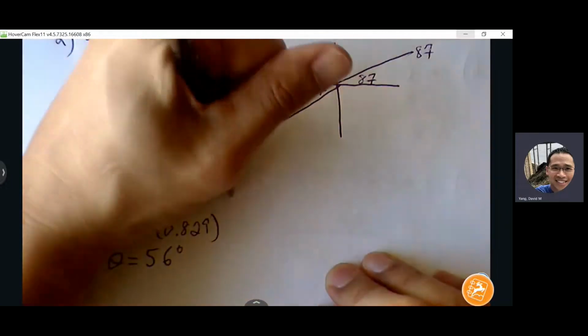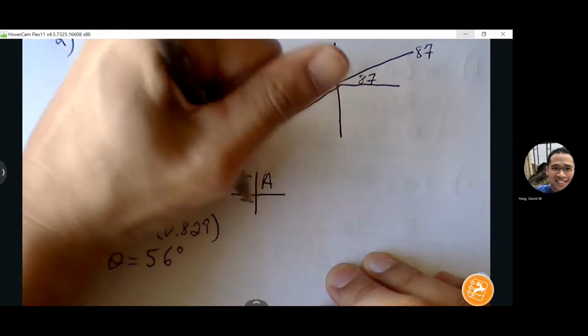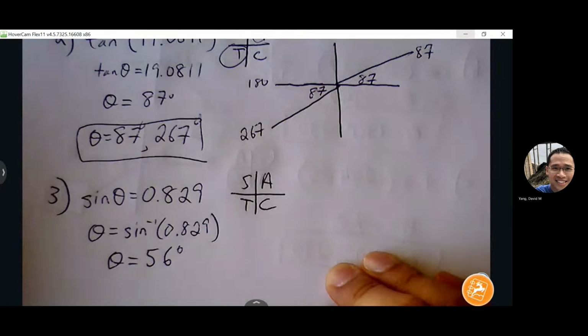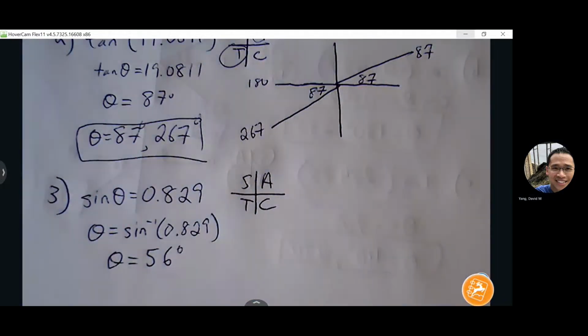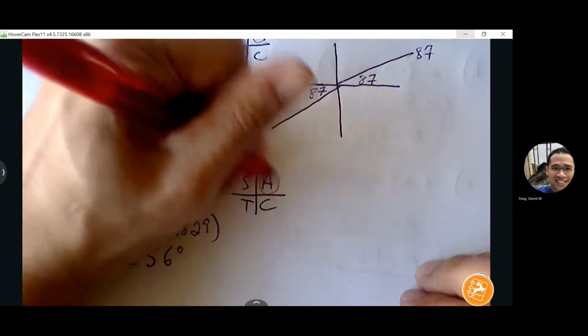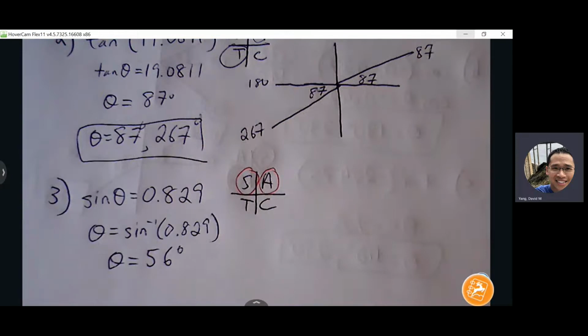Okay, which quadrant do we want to be in? Sine is positive in the first and second.